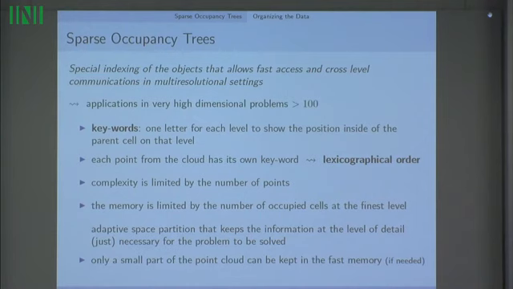How is that realized? It is realized with keywords. Each time we consider a subdivision of the tree, we have 2 bits, 0 or 1. When we do that, each point has some bit stream which corresponds to the point itself, so we have different bit streams.